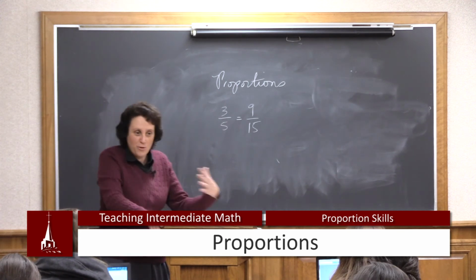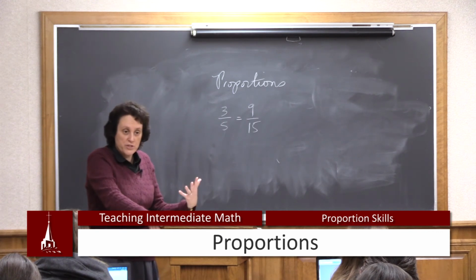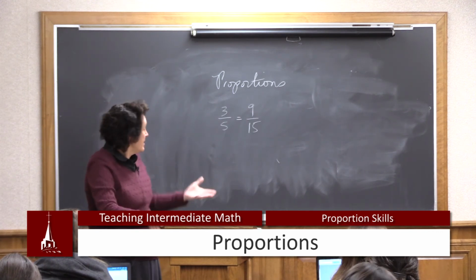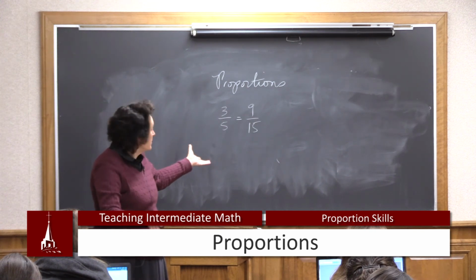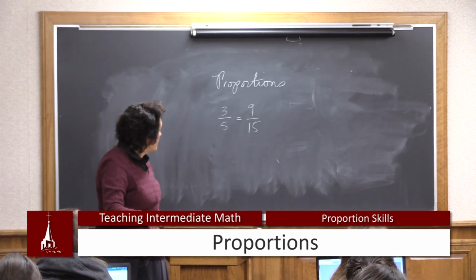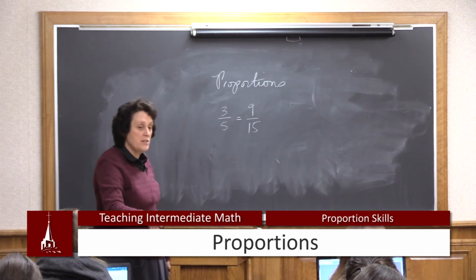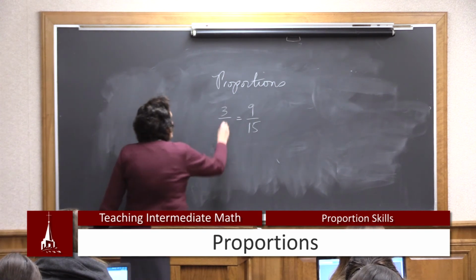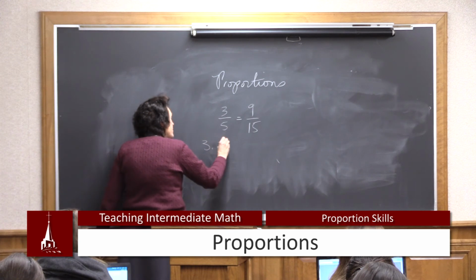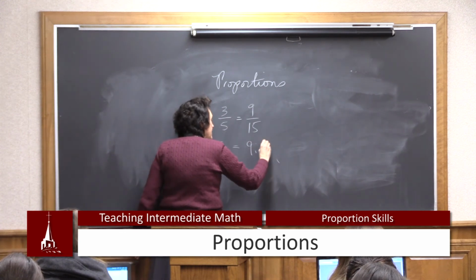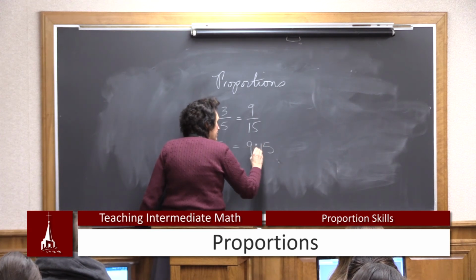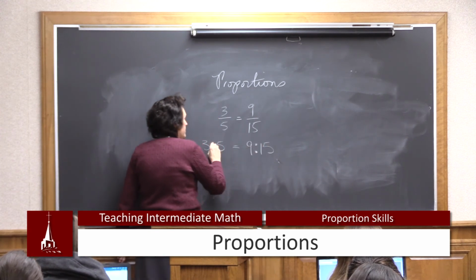So there is a correlation between a proportion and 2 equivalent fractions, but we want to try to stay away from it. Okay, ratios here. This is a ratio, and it is read 3 is to 5 as 9 is to 15. Colons, not times.